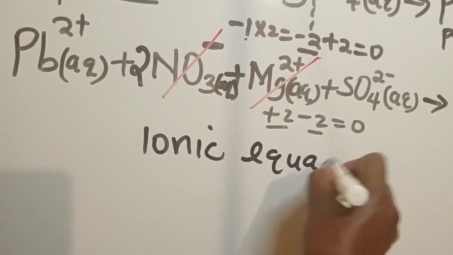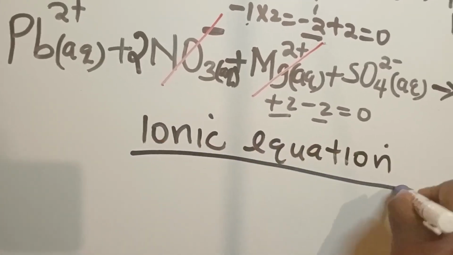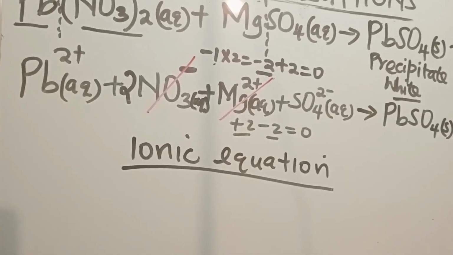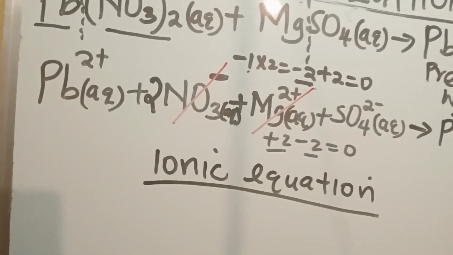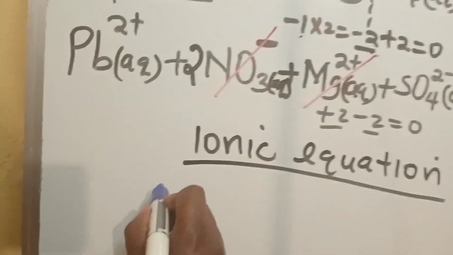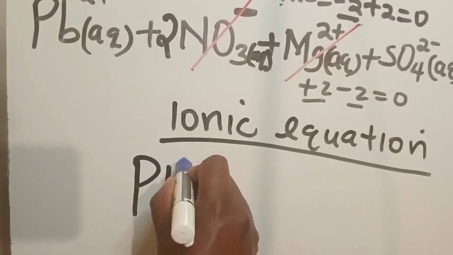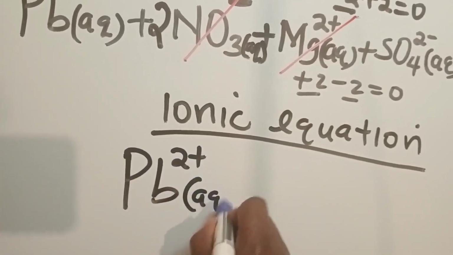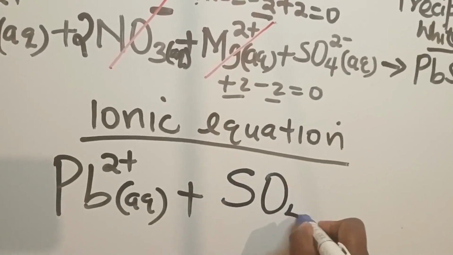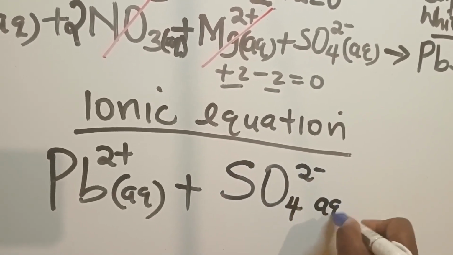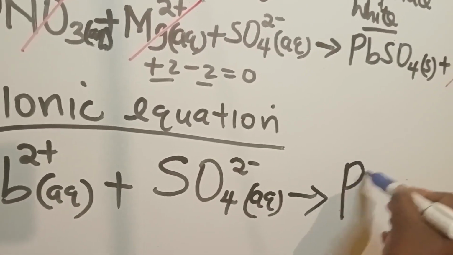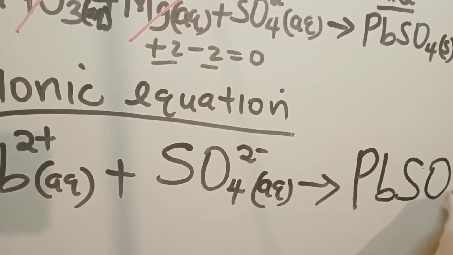Remember at the beginning we said that in the ionic equation we only include those substances that took part in the chemical reaction. So we begin with lead, and it is a must we start with the metallic part. So we have lead, 2 positive aqueous, combining with the sulfate that was also not cancelled, 2 negative aqueous, to form this lead 2 sulfate, which we said is the white precipitate.